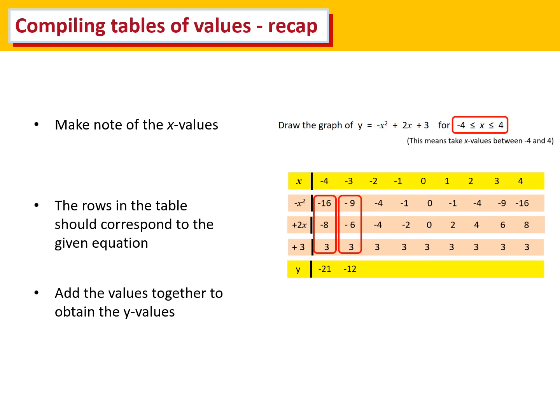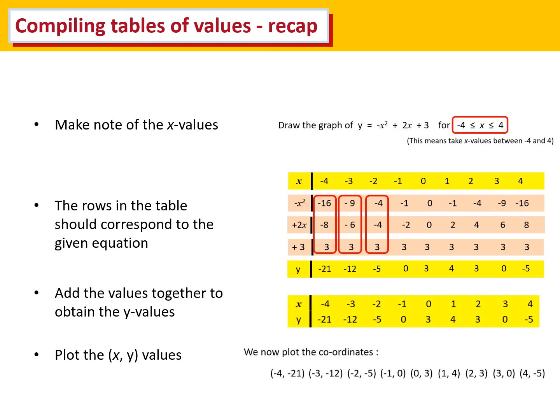And when x is negative 2, if we add that column together, negative 4, subtract 4 plus 3 gives negative 5. So we add the columns of the three numbers together to give us our y values. Then we look at the x and y values, that's the yellow rows in the table, and we plot the coordinates from the yellow rows.